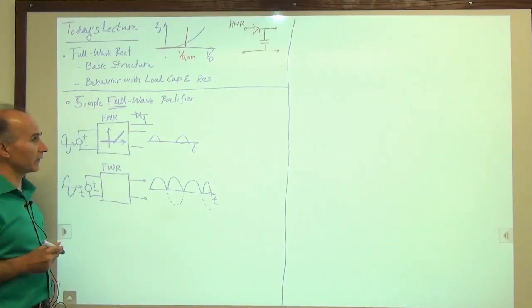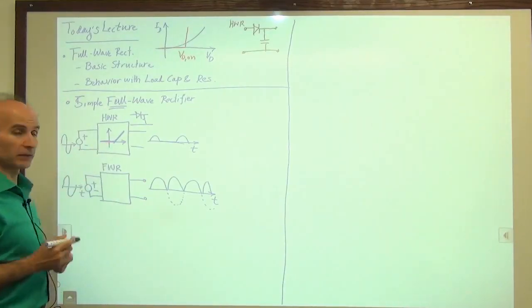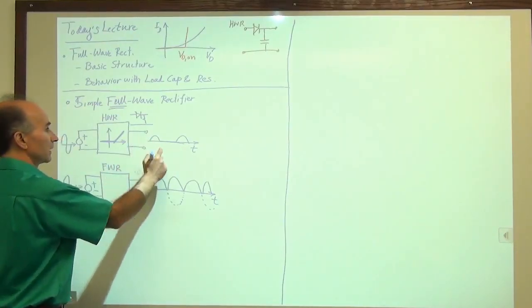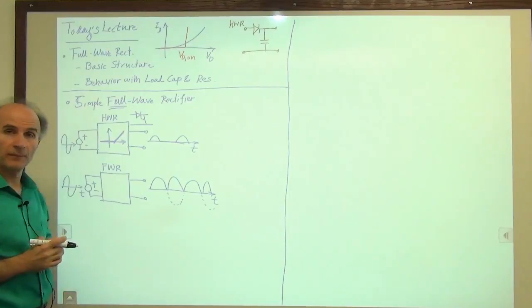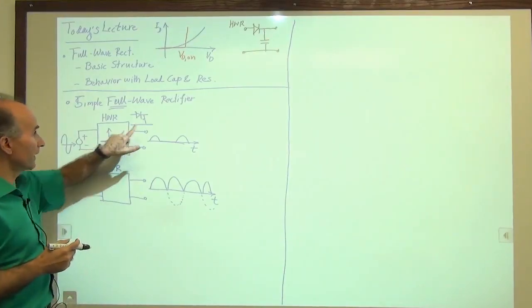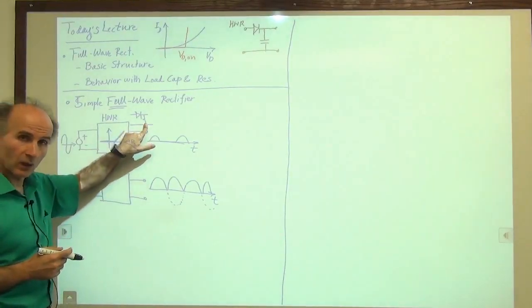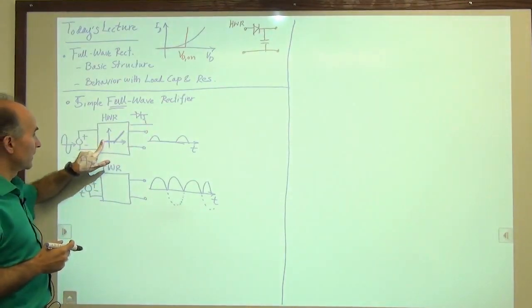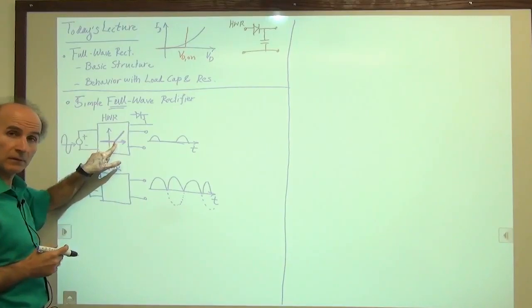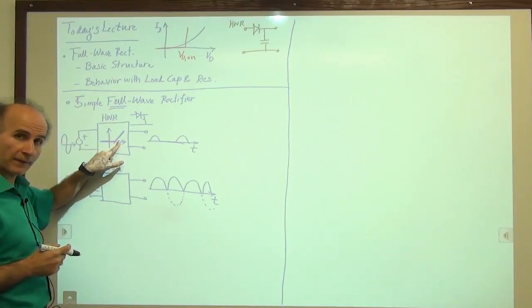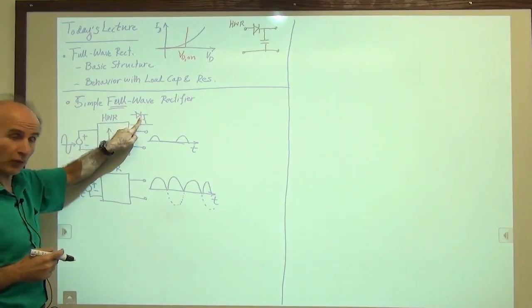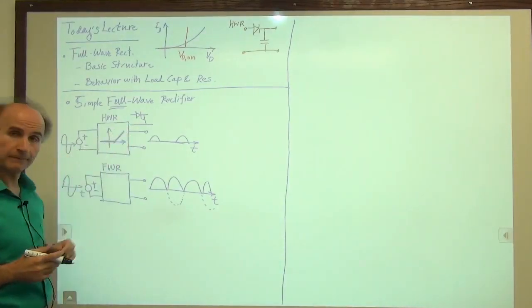All right, well, let's take our time and think about what we had here and how that gave rise to this type of output voltage. Well, the characteristic with a resistive load was such that we do not allow negative voltages to go through. And once a positive voltage comes in exceeding one diode drop, we let it go through.